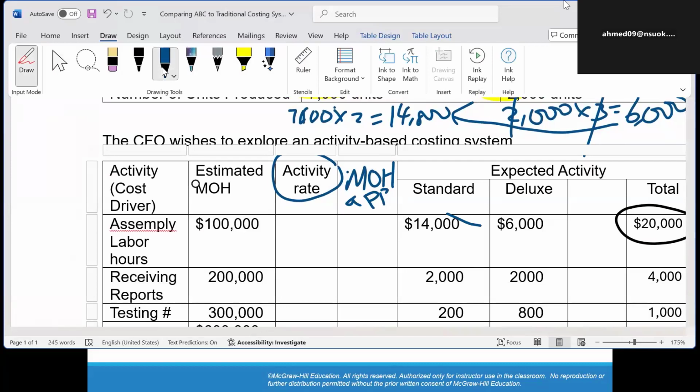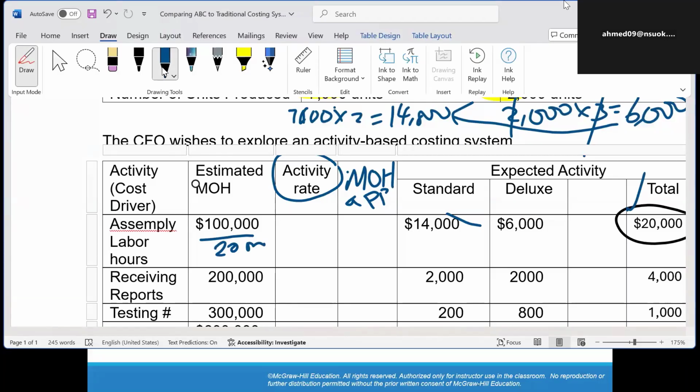Okay, so now the activity rate, how are we going to calculate that? Just the way we did before: 100,000 divided by the total of 20,000.